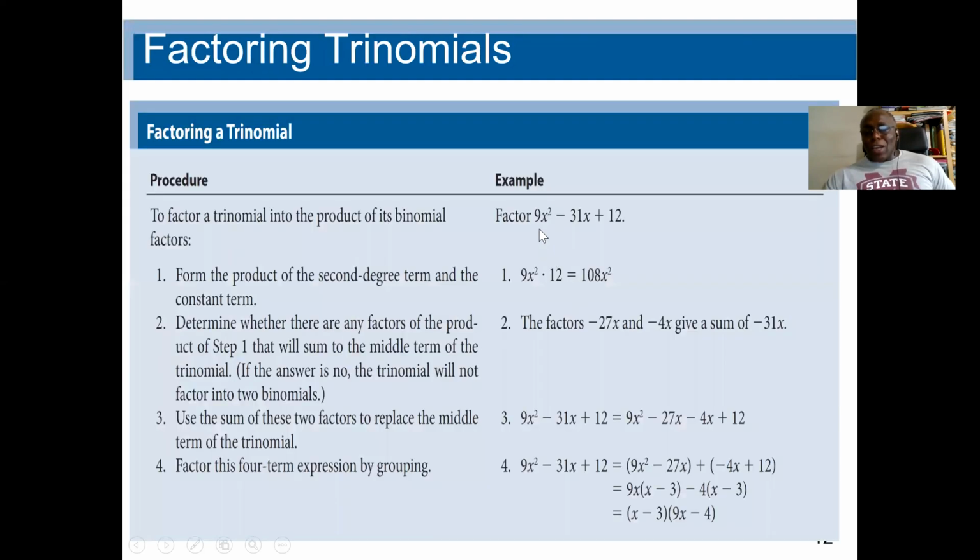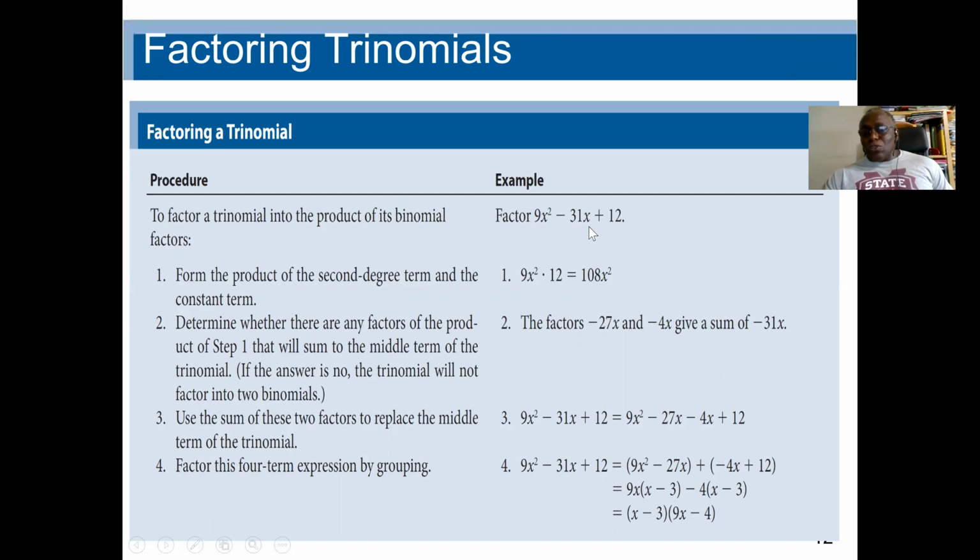But here we have 9. So the first thing we do is multiply the first term by the constant value, meaning the variable with the highest degree: 9s squared times 12, which gives 108s squared. Now factorize 108s squared with two terms so that you get the middle value, minus 31s.